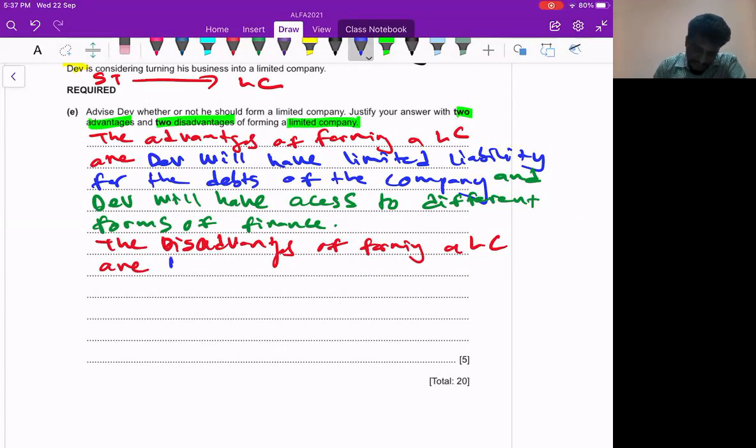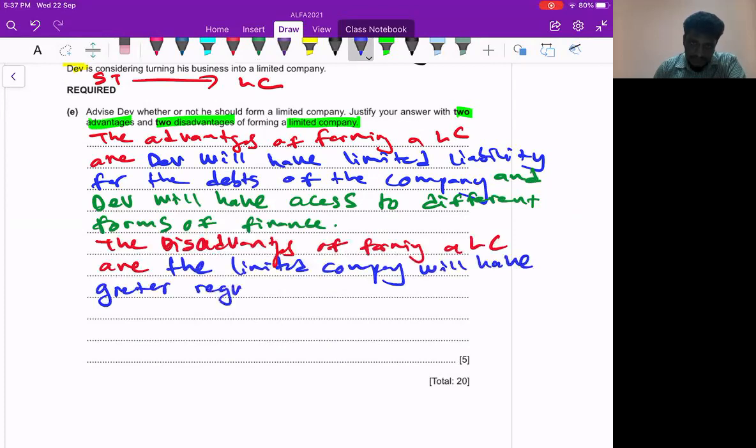Okay, you can say the limited company will have greater regulation than a sole trader. Okay, we have greater rules and regulations, a lot of rules and regulations that we need to comply with.